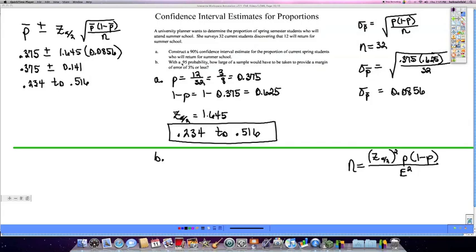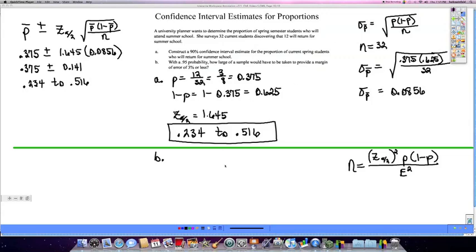In this case, it's 0.95, which is the same thing as a 95% confidence level. And of course, if we go back to the chart that we created earlier on the first example problem, we find that the z-score associated with a 95% confidence is 1.96.